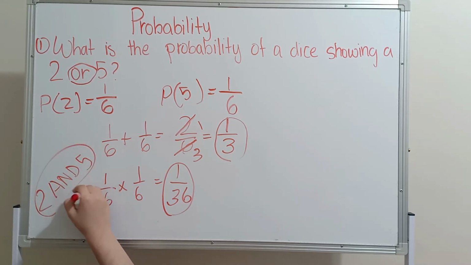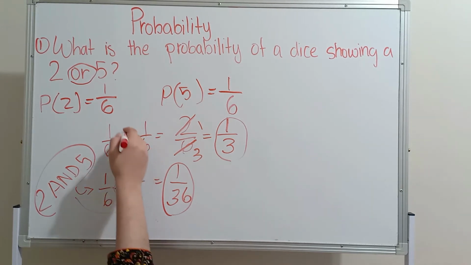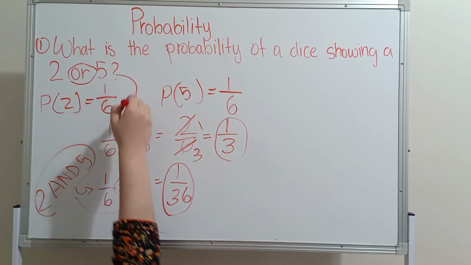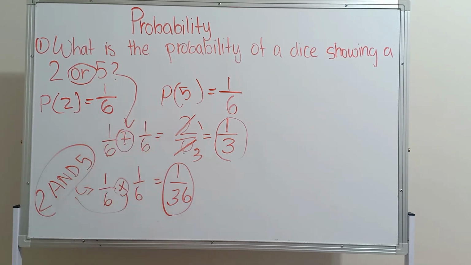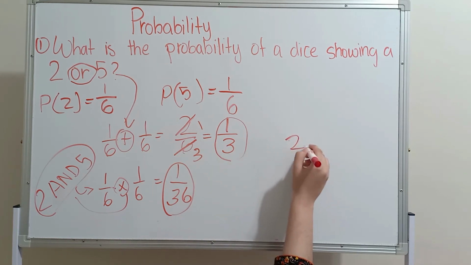We would use multiplication. And since they're asking for or, we will use addition. Because it can either be 2 or it can be 5. So it's not asking us for rolling a 2 and 5. It's asking us for rolling the 2 or 5. And 2 and 5 are 2 of the sides out of the 6 sides labeled on a dice.